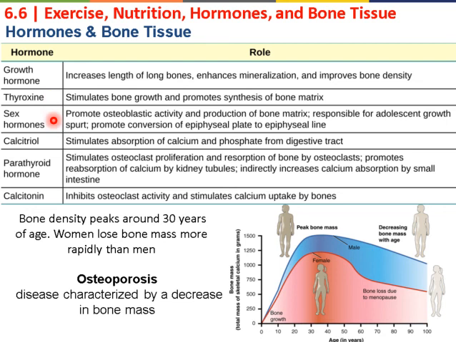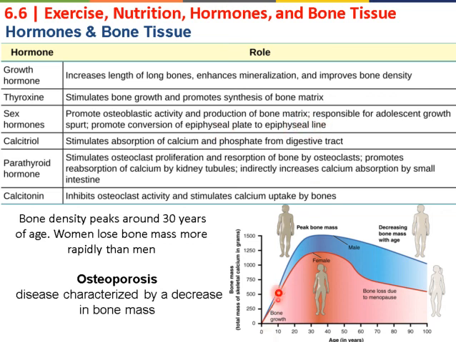The male sex hormone is called testosterone, whereas the female sex hormone is called estrogen. These two hormones are very essential and important to enhance the production of bone matrix, and are responsible for adolescent growth, and for converting the epiphyseal plate to the epiphyseal line.